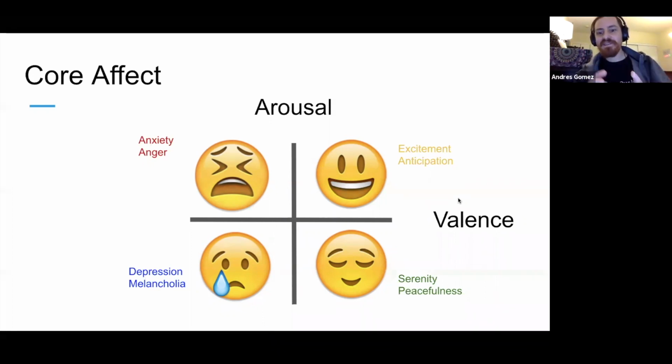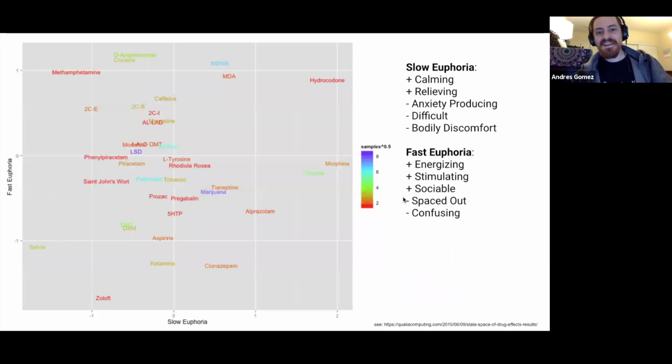A few examples: high arousal, high valence would be excitement and anticipation. But you can also have high energy and not feel good, and that would be anxiety, anger, or irritation. Likewise, depression is low arousal, low valence, and serenity, a peaceful, blissful calm, is low arousal, high valence.